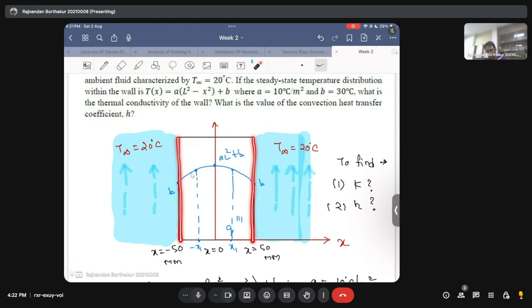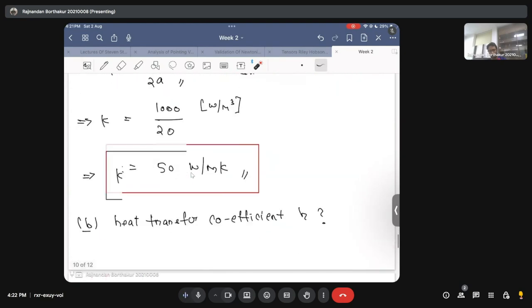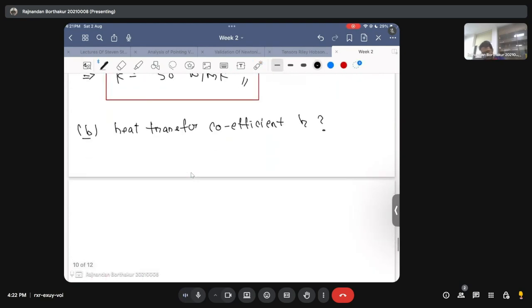So in order to calculate h, I need to know precisely what boundary conditions I should use at the interfaces of the solid and the fluid. Since this is symmetric, you can do the analysis either at x equal to L or at x equal to minus L. Without loss of generality, let's have a look at what happens at x equal to L.